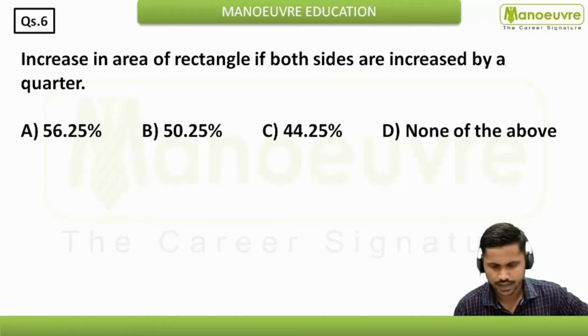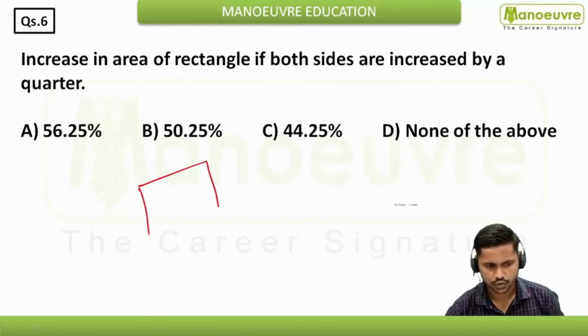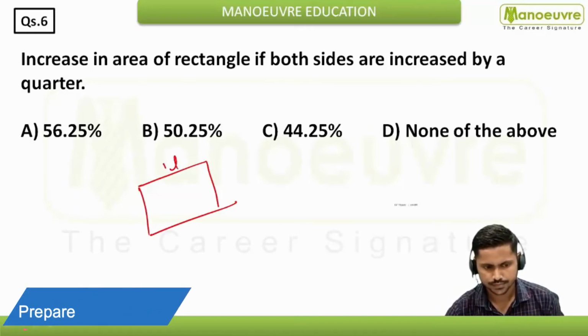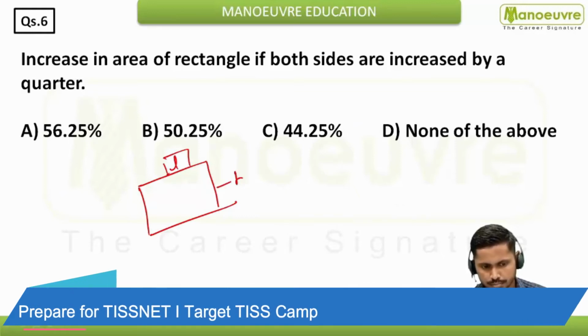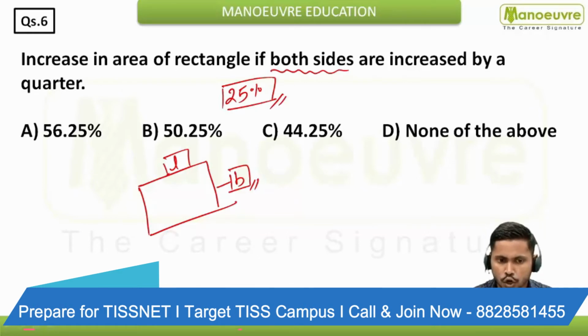If I draw a rectangle, it will have a length and a breadth. Here it is saying both sides, meaning the length and the breadth, are increasing by a quarter. A quarter means 1/4, and 1/4 is nothing but 25%. So this question is saying the length and the breadth of the rectangle are increasing by 25%.